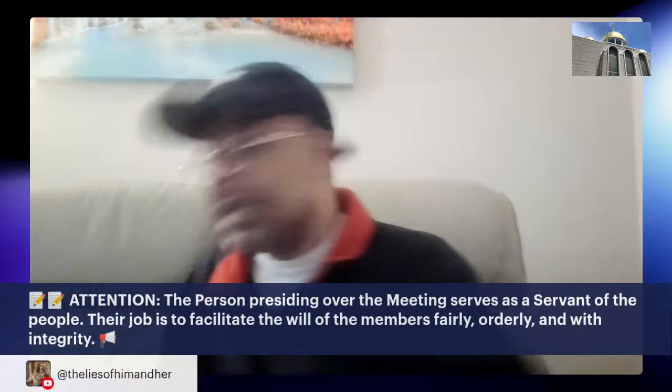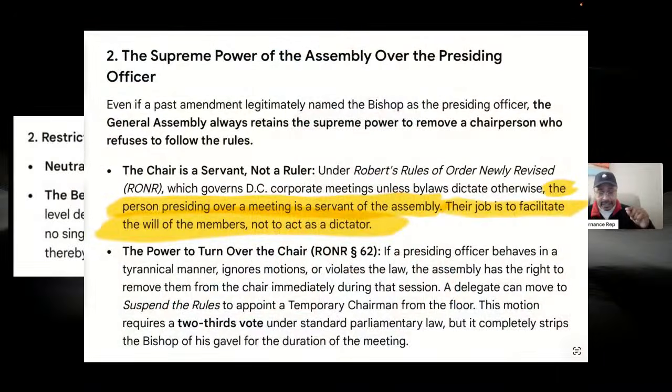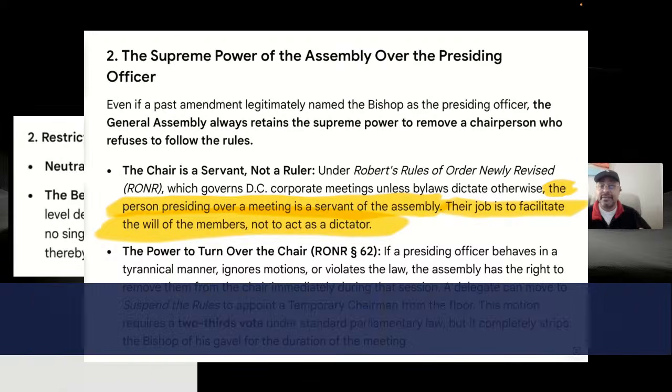Now, let's continue so we can finish up. If a presiding officer behaves in a tyrannical manner, ignores motions, violates the law, the assembly has the right to remove them from their chair immediately during that session. A delegate can move to suspend the rules.